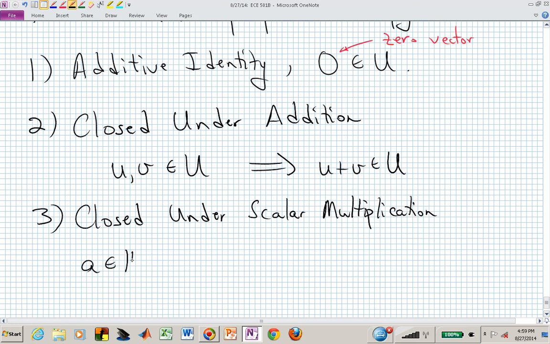Which means, depending on what your field of numbers F is, real numbers or complex numbers generally for this class, if you take any element in the subspace capital U, then for any number in the field, scaling it better belong to the subset U, script U.